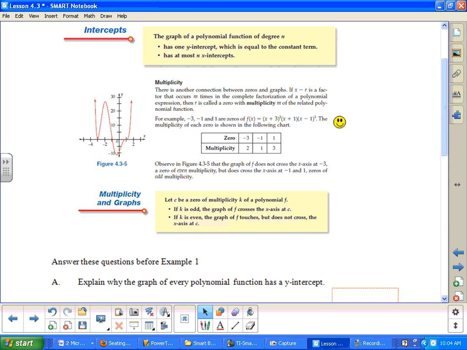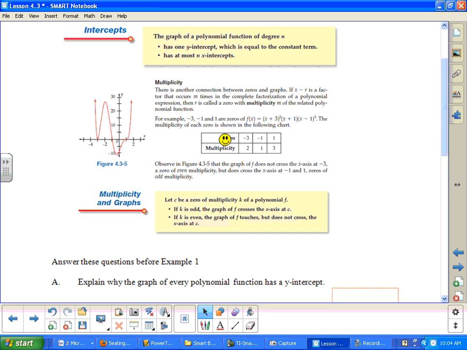So the degree of the factor tells me the multiplicity. This x plus 3 squared has a 0 at negative 3 and a multiplicity of 2 because it is raised to the second power. X plus 1 has a 0 at negative 1, multiplicity of 1 because it's to the first power. X minus 1 cubed has a zero at 1, multiplicity of 3.